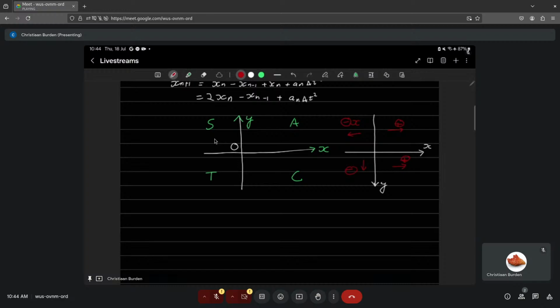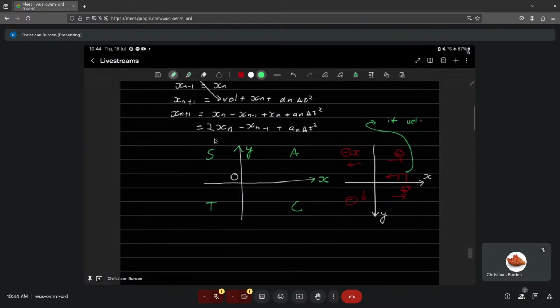So since we're checking first if this player is moving that side, if its velocity is greater than minus 10, this minus 10 is the speed limit, then we can add a force, or add the acceleration to the player to move it that side faster.